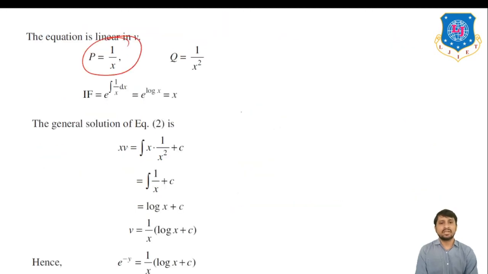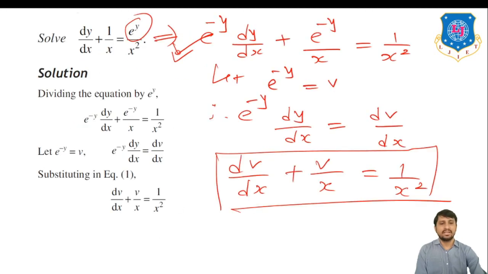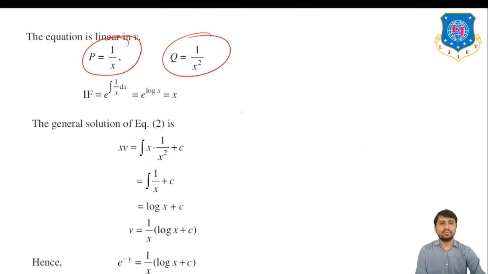Now your p is 1/x, q is 1/x². The integrating factor you can easily find: e raised to integration of 1/x dx, so e raised to log x, so x. And the general solution: x into v, because your linear differential equation is in the form of v.